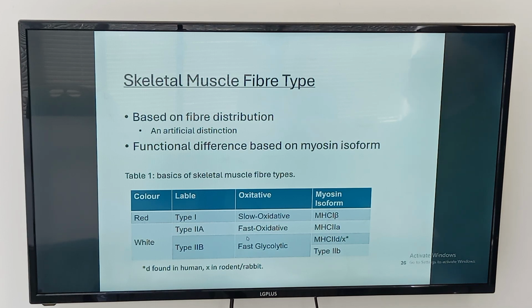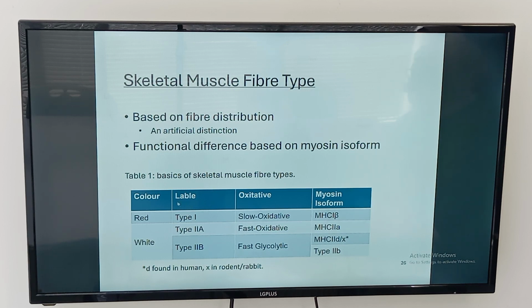Okay, now we're going to talk about the skeletal muscle fiber, based on fiber distribution and based on the functional difference, based on myosin isoform. As you can see, this is the basics of skeletal muscle types in humans and in rodents.